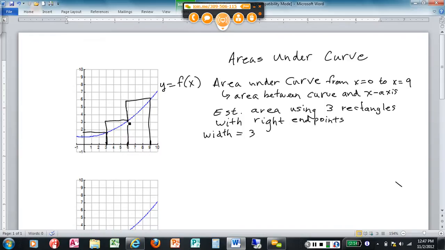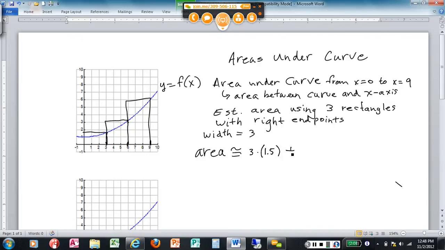All right, well, in this case, since I don't know the function, I'm just going to use estimates here. So the area under the curve is going to be approximately equal to the area of each of those rectangles. The first rectangle is a 3 by what? Well, I'm going to estimate 1.5. Is that the value right there? 1.5, thereabouts?